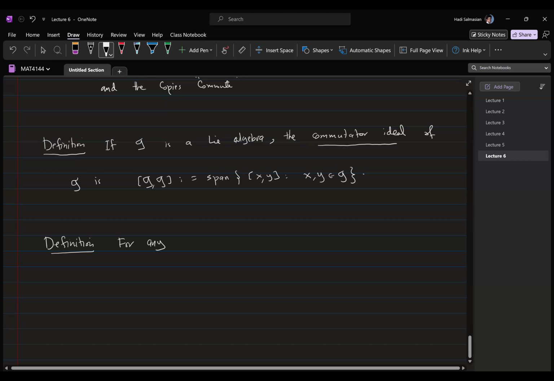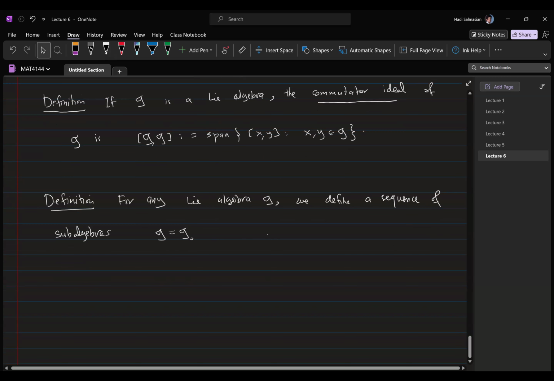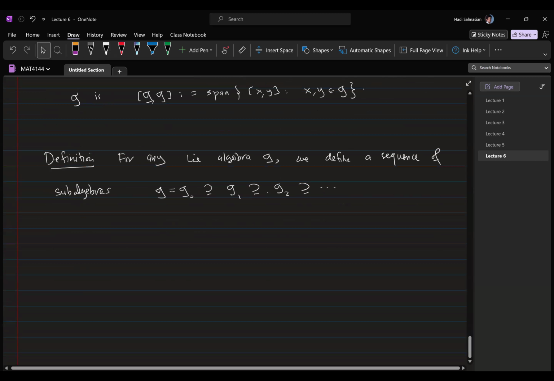For any Lie algebra G, we define a sequence of subalgebras G equals G0 contains G1 contains G2, and so on, where each G(i+1) is the commutator ideal of the previous one.